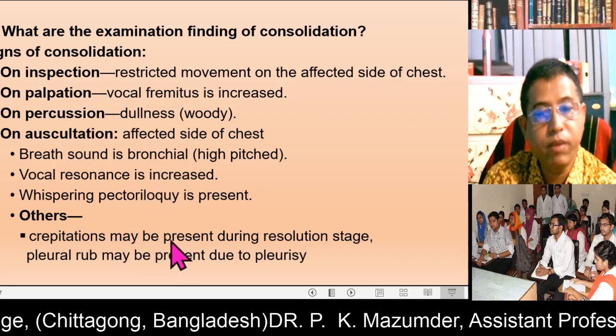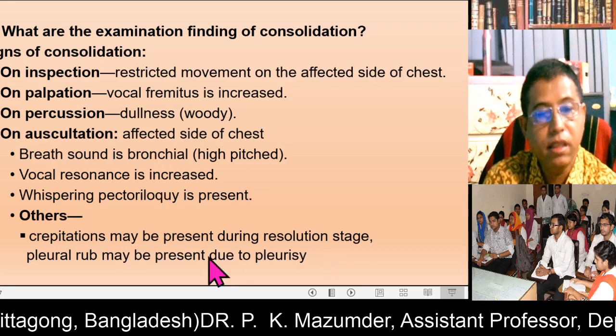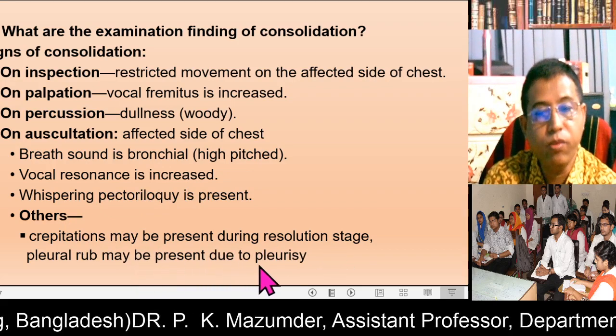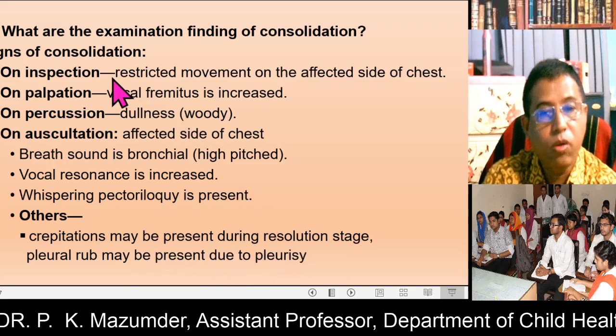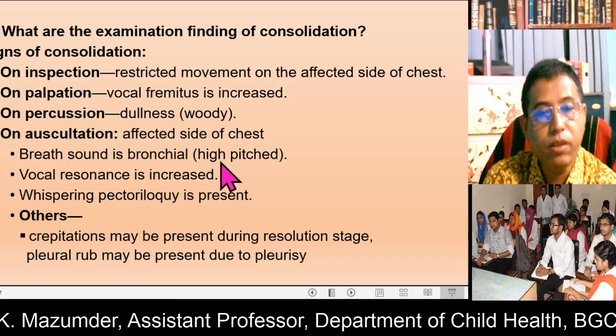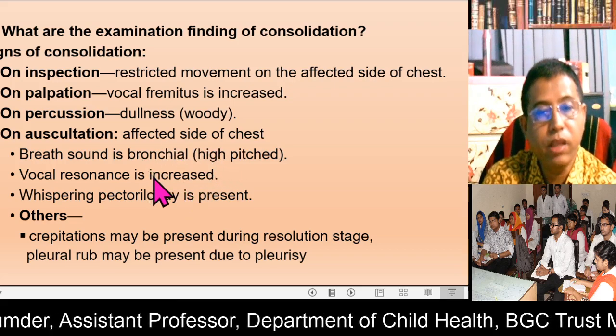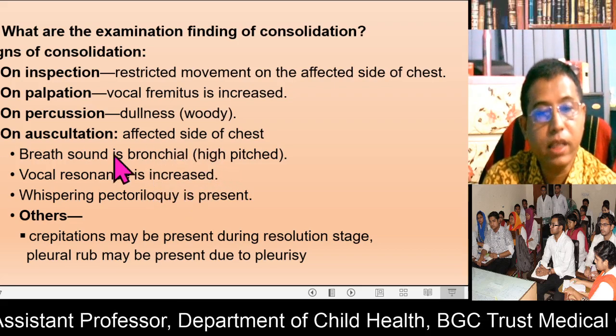Others: crepitation may be present during the resolution stage, and a pleural rub may be present due to pleurisy. In the viva board, sometimes you are asked to draw the bronchial breath sound and the vesicular breath sound; vesicular has prolonged expiration.